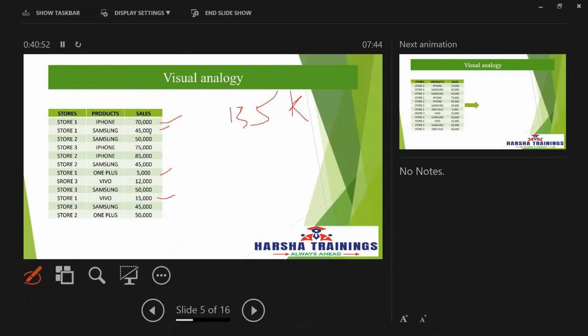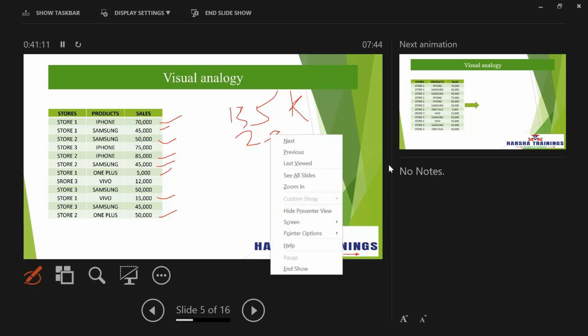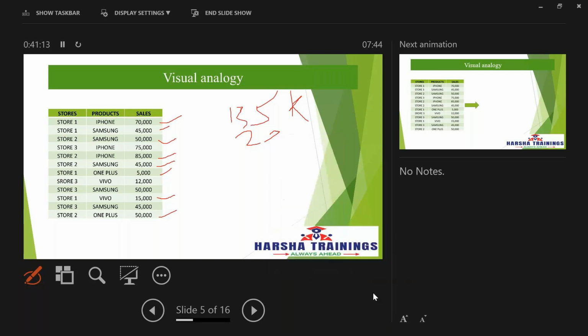If we need to observe store 2, we have to calculate 50,000, and 85, apart from that 45, 50, and it comes to 2 lakhs 30. Then store 3.